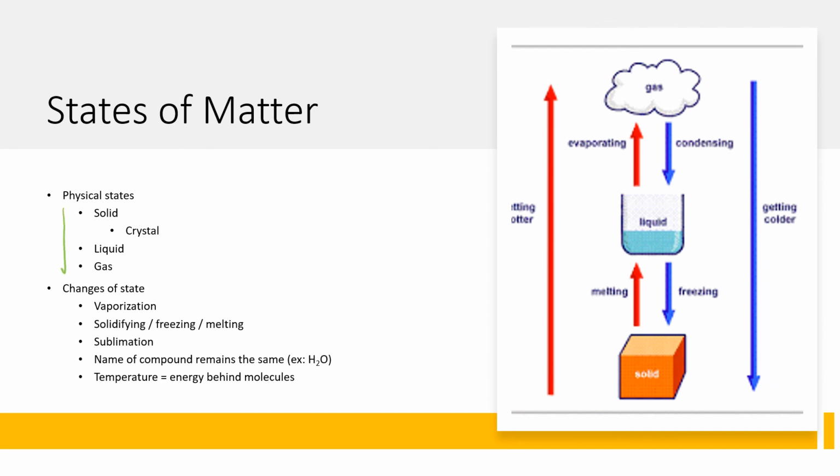So this would be a decrease of density for each of these. To change the physical state, you can either add energy, a change of state, or take away energy.